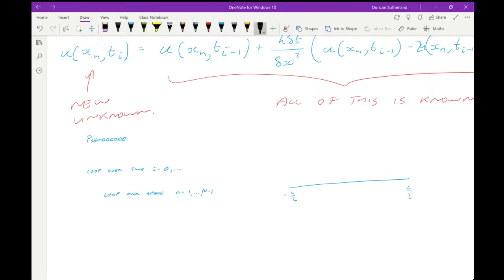We're going to call this point 0, call that point 1, 2, miss a few, N minus 2, N minus 1, N. Right? These boundary points, I know the value there, right? I finished my spatial loop.